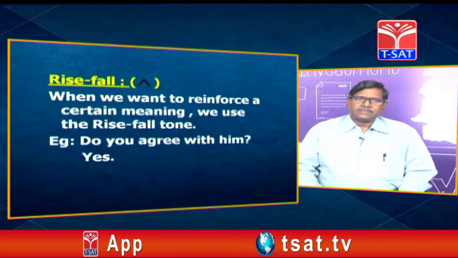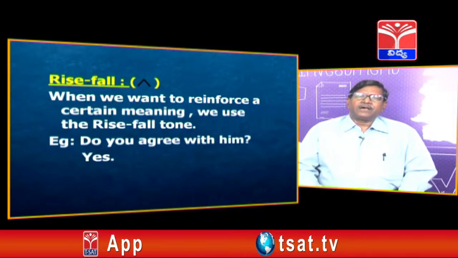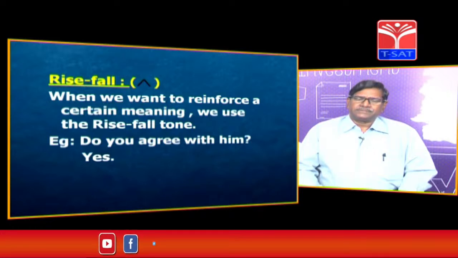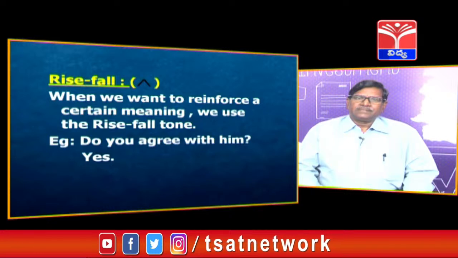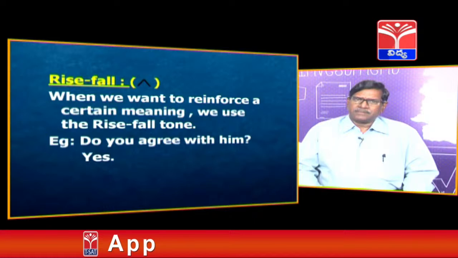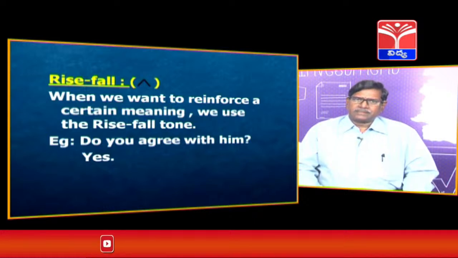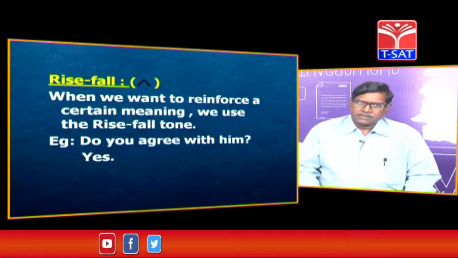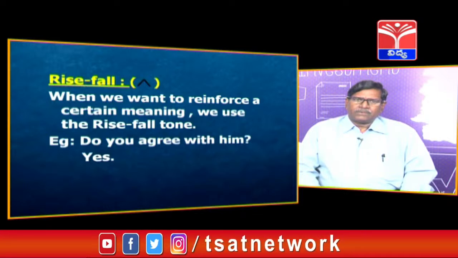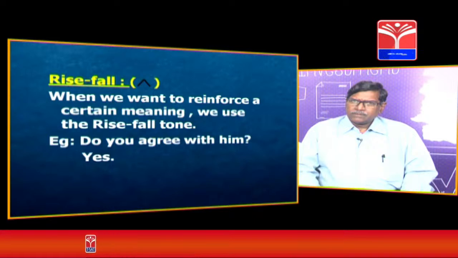Fall-rise. When there is a sense of doubt, we use fall-rise tone. For example, a question: is Ramesh a nice man? A nice man? What are you talking about? Ramesh? Oh, about him?